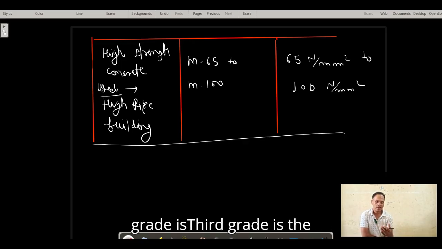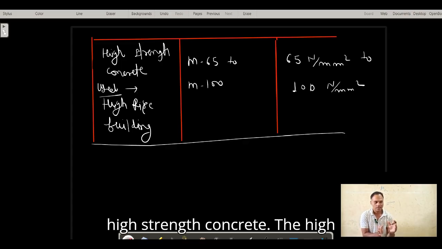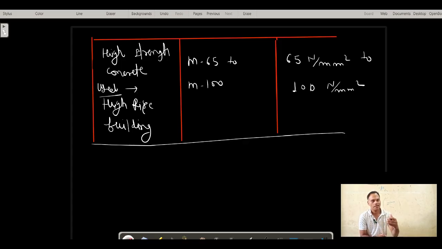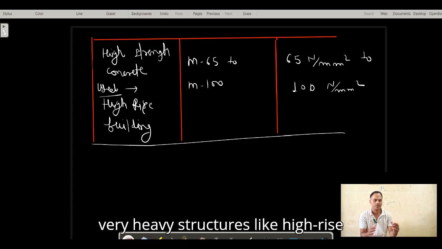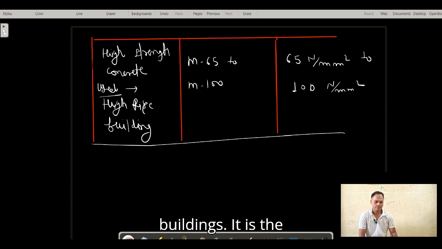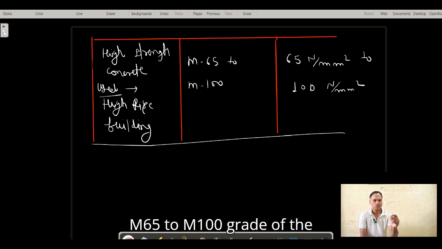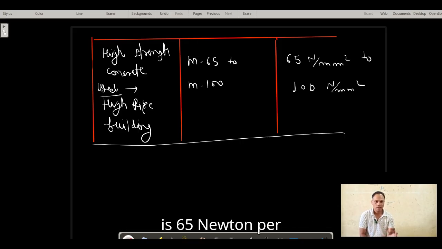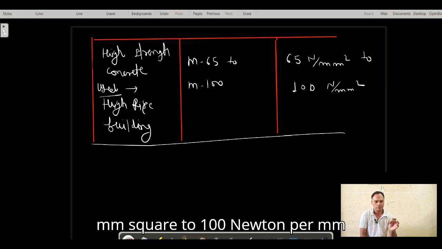Now the third grade is the high strength concrete. The high strength concrete is used in very heavy structures like high rise buildings. It is M65 to M100 grade of concrete, and its characteristic strength is 65 to 100 Newton per mm square.